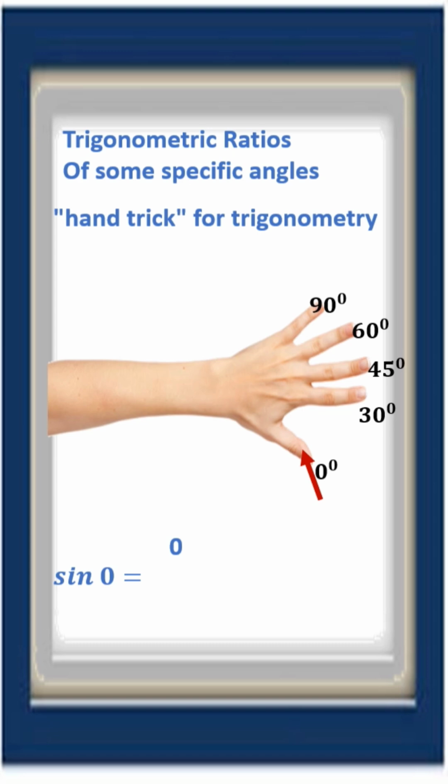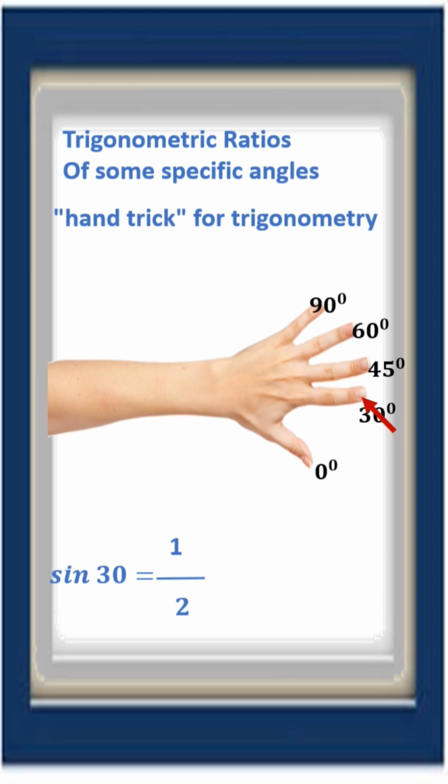So square root of 0 is 0, upon 2, which is equal to 0. So sine 0 is 0. Now let us find sine 30. Where is 30 degree? This one is 30 degree. The number of fingers below the 30 degree finger is 1, that is the thumb, upon 2. So sine 30 is 1 by 2.